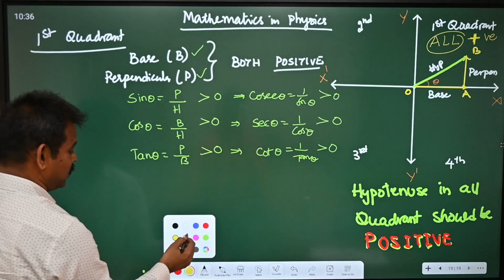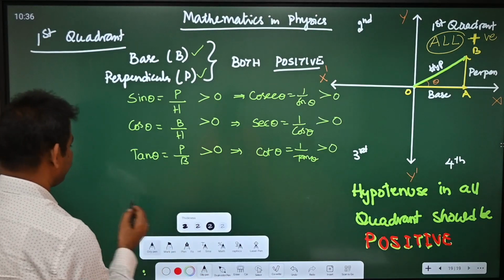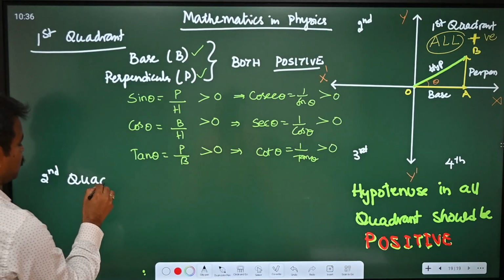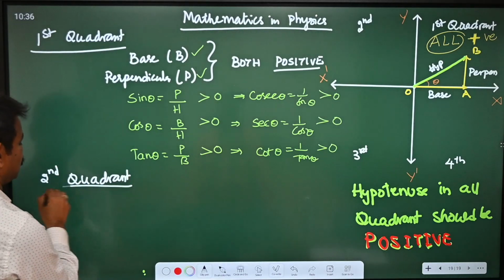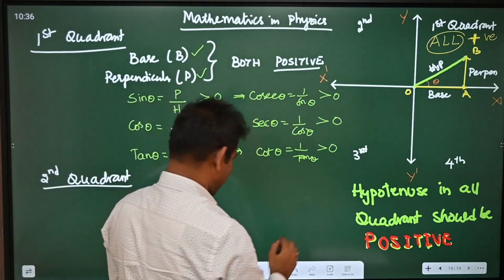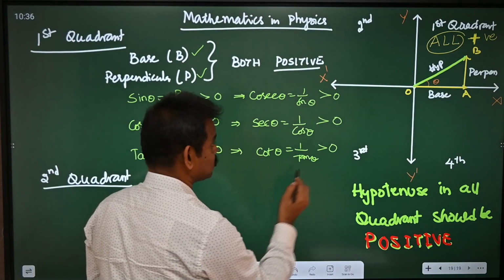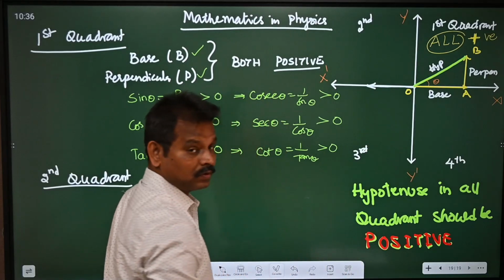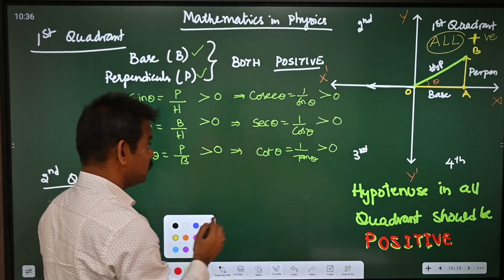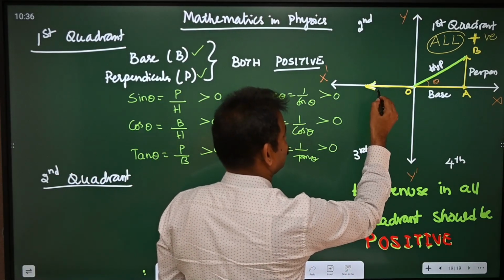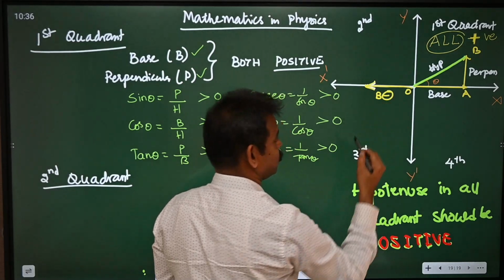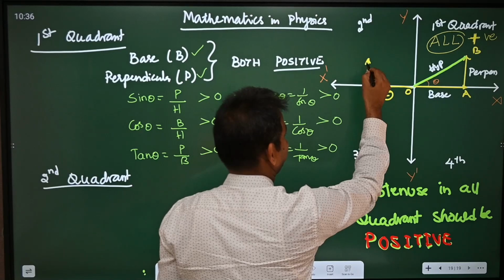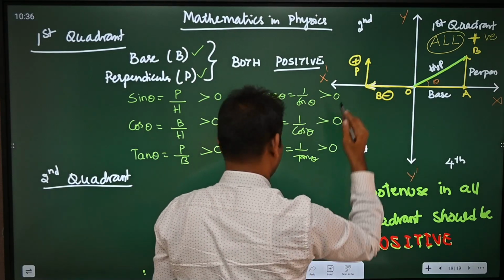Now, we take the second quadrant. In the second quadrant, if you take the base, in the second quadrant, this is the base. Base is negative here, b is negative, but perpendicular p is positive.